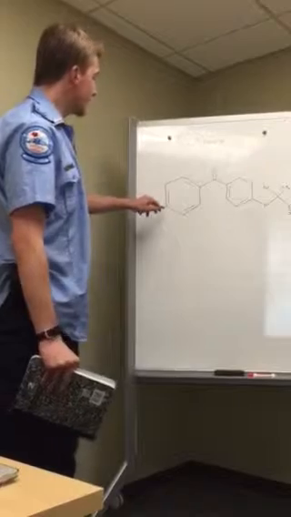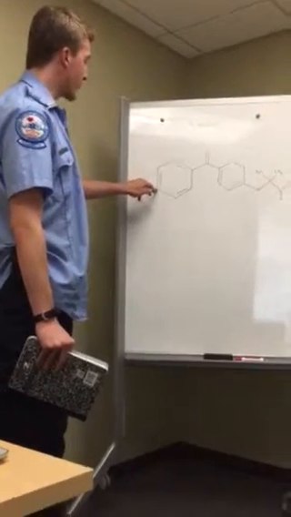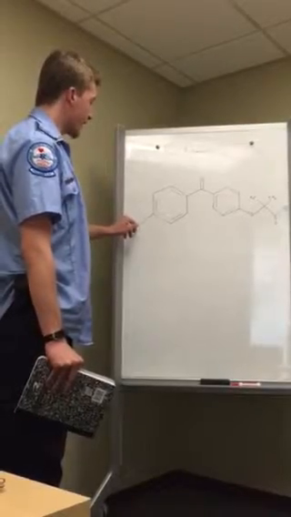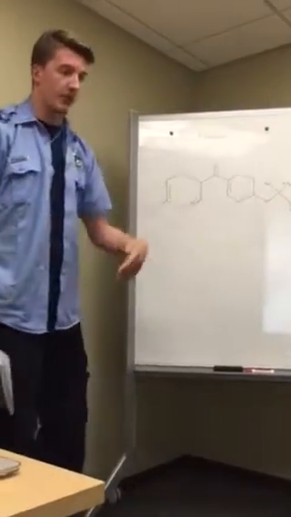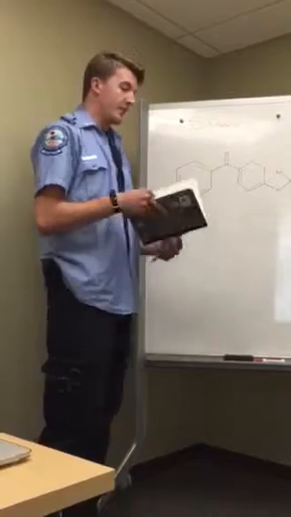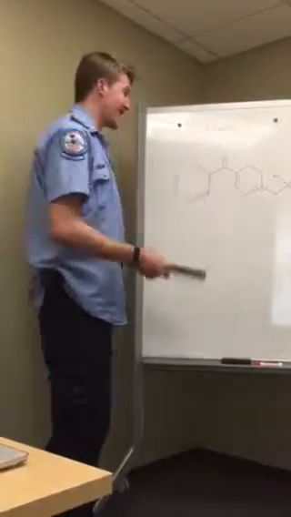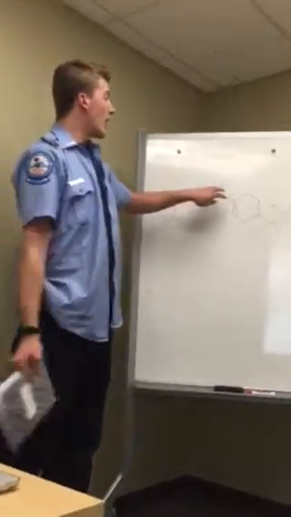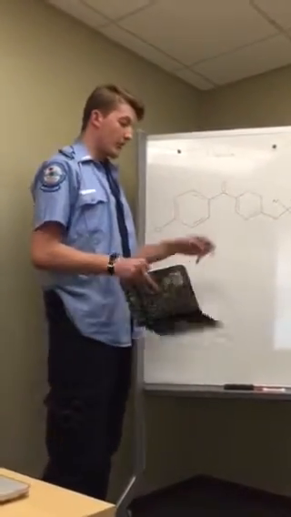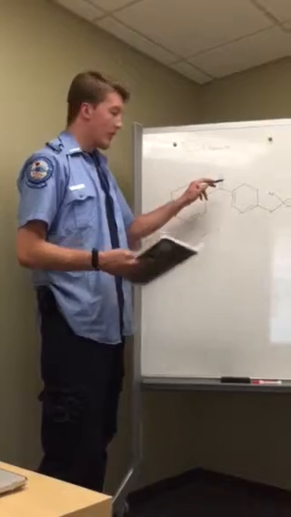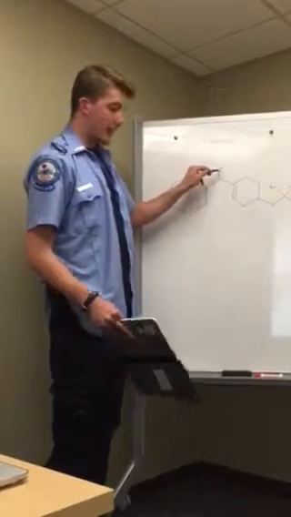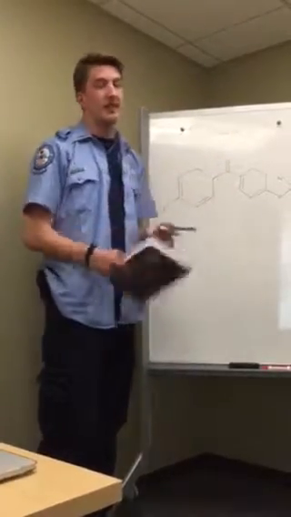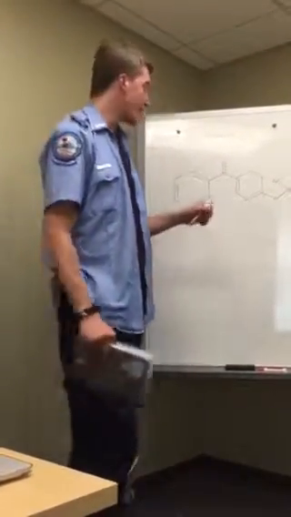Our alkyl halide group, which is this carbon connected to this lone X, whether it's chlorine, bromine, fluorine, has a frequency of 600 to 800 waves per interval. This ketone right up here with the double bonded oxygen, the C double bond O stretch, has a frequency of 1705 to 1725 waves per interval.